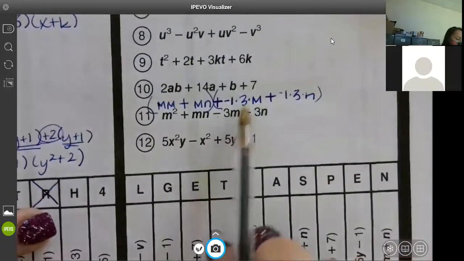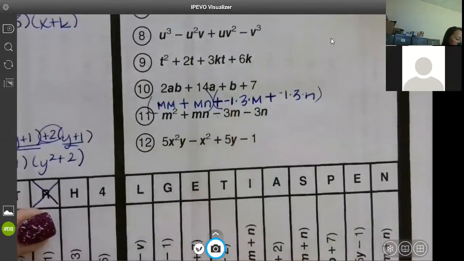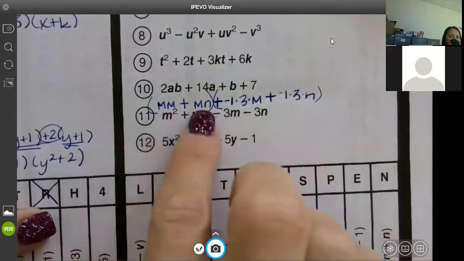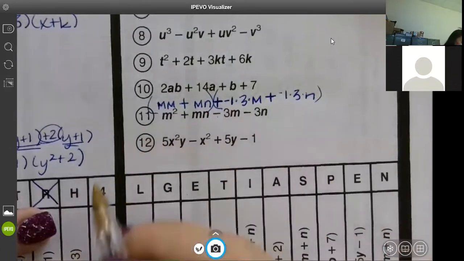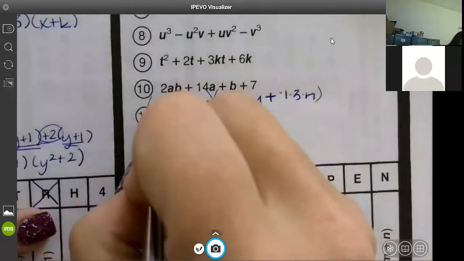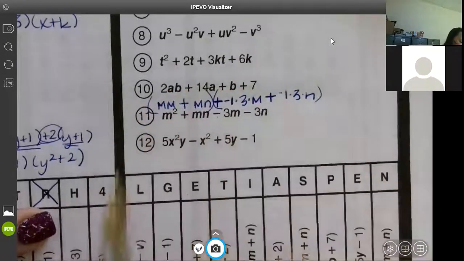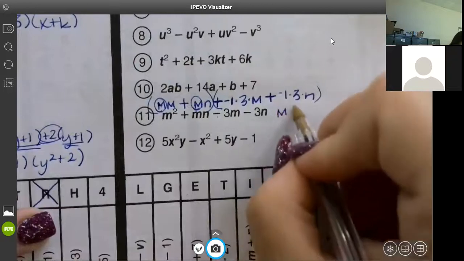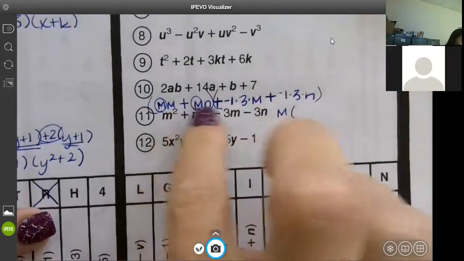If you have a negative, just go ahead and pull out a -1 and change it to positive. Look at your first set of parentheses. I have mm and mn. What's in common? What do they both have? M. Read what they have left over, m plus n.